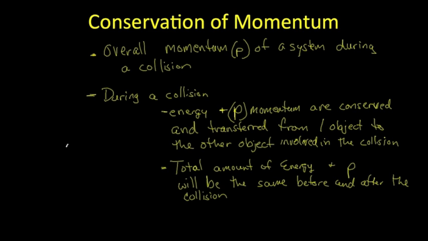Alright, so let's just do a quick little drawing. Let's say we have a collision about to occur. We have a 20 kilogram square cart moving at 10 meters per second. And we calculated this out in previous video notes, and we found that momentum of this particular object would be 200 kilograms times meters per second.